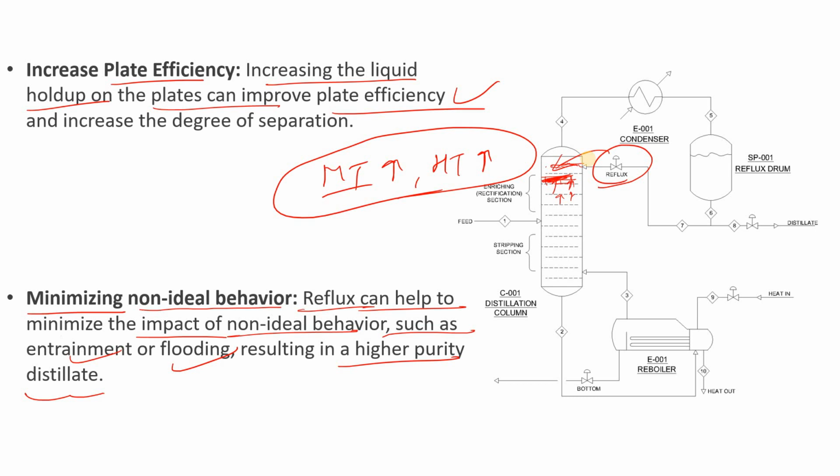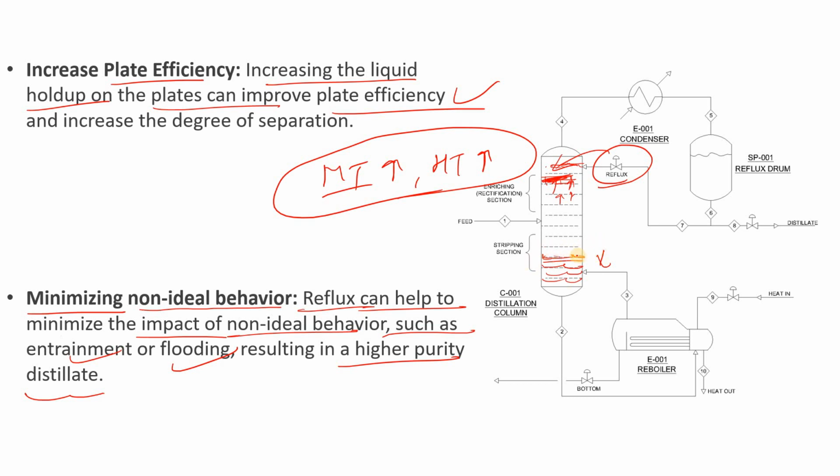Let's suppose if flooding or entrainment happens. In the case of entrainment, in the bottom you will lose the flow, or your level in the bottom will decrease, right? And in the flooding case, your separation will not be better and this level will be increased.